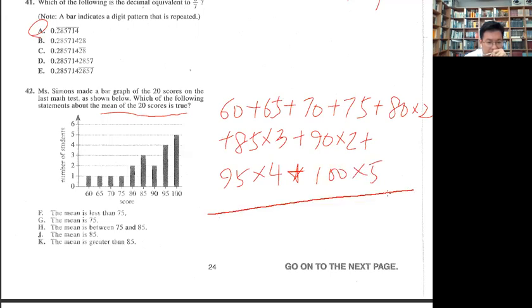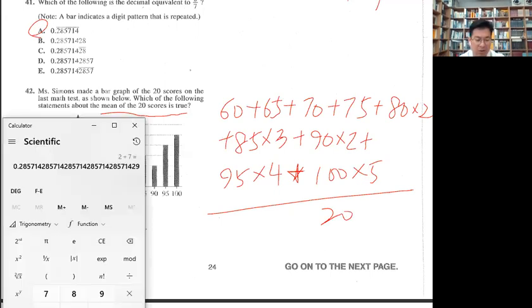And then divide by 20. Let's do this, 60. 80 times 2 is 160.